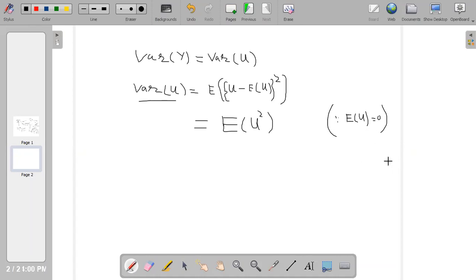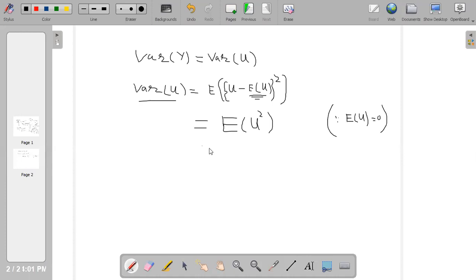This is one of the basic assumptions of the classical linear regression model, which says that the mean of the disturbance term is 0. So if you replace this portion by 0, what is left inside the bracket? Only u is left, with the square outside, right?